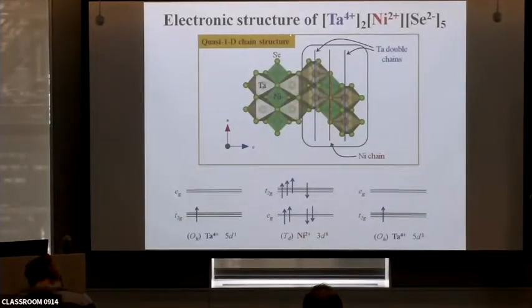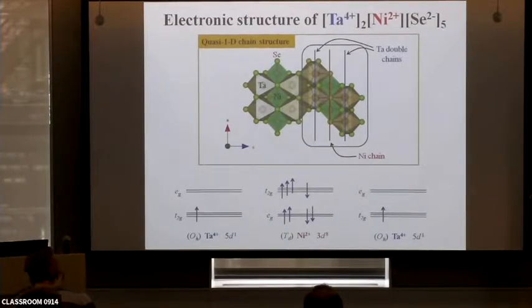So let me describe the electronic structure. Since the basic crystal element possesses one nickel chain and two tantalum chains, the electronic structure can be described with one nickel site and two tantalum sites.